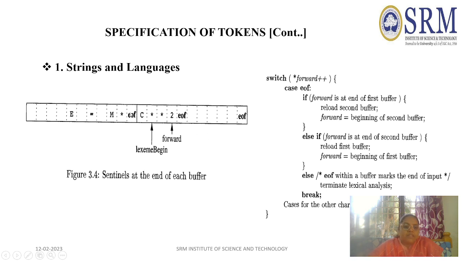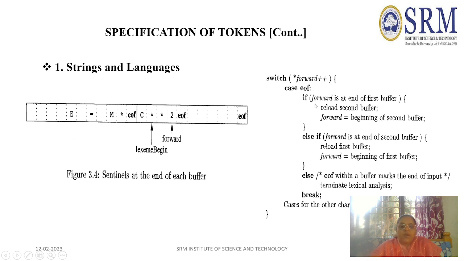If it is here at the end of the first buffer, then it reloads the entire second buffer, and the forward pointer will move one step ahead and start from here, which means a new input it is going to start reading. So the forward pointer will move on to the beginning of the second buffer.